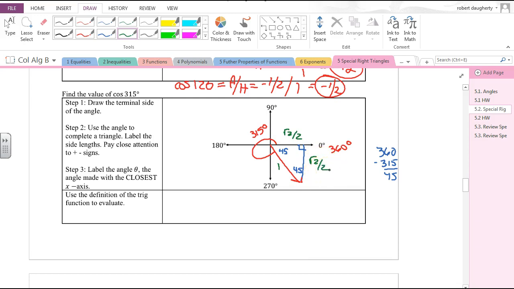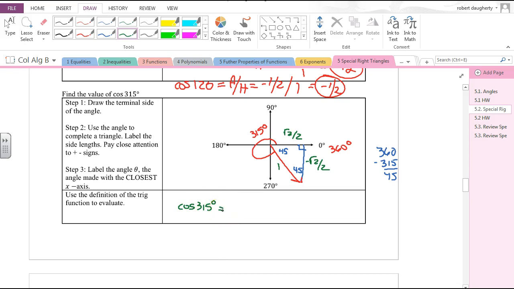Now I have to ask myself, if I travel in this direction, this is what for x? Positive or negative? Positive. If I travel down to here, this is what for y? It's a negative direction for y. Now I'm ready to tell what is the cosine of 315.